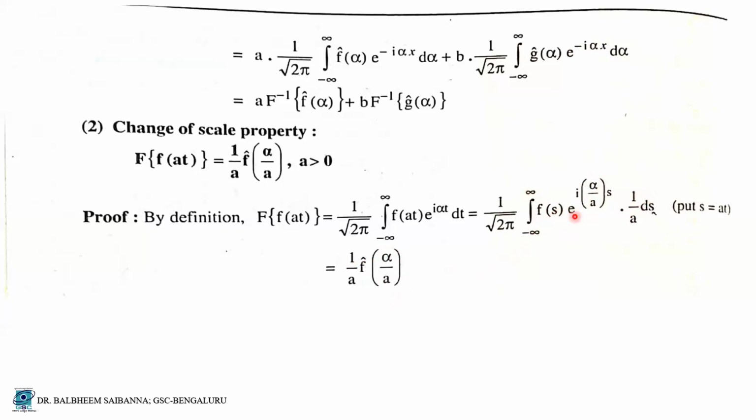Why? Here alpha by a is there. In the definition, f cap alpha is equal to 1 divided by root of 2 pi, integral over the limit minus to plus infinity, f of t e to the power of i alpha t dt. That is why we write f cap; in this case, in place of alpha, we have alpha by a.